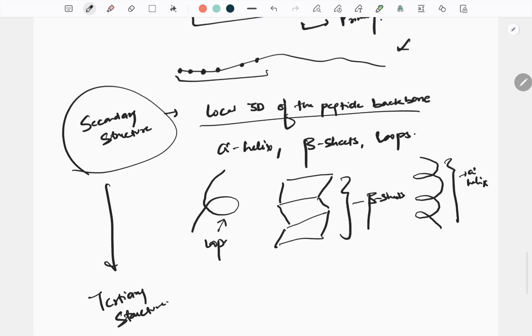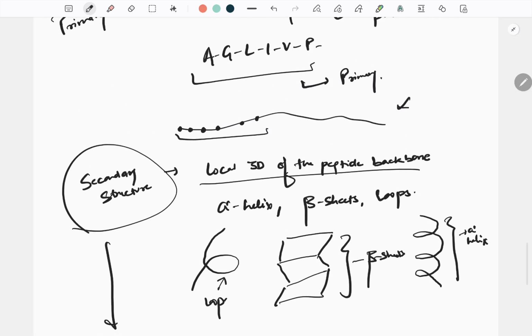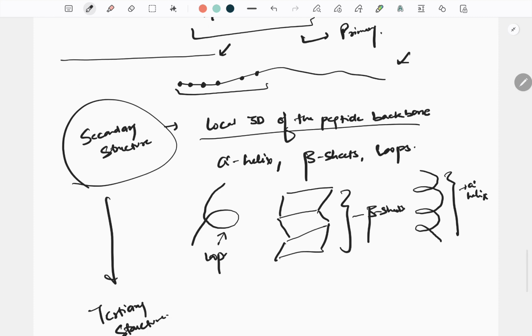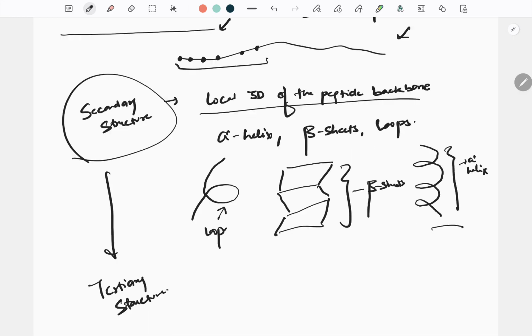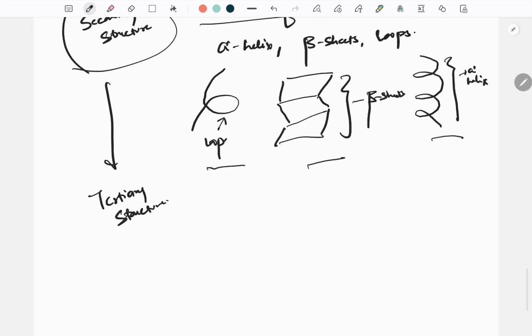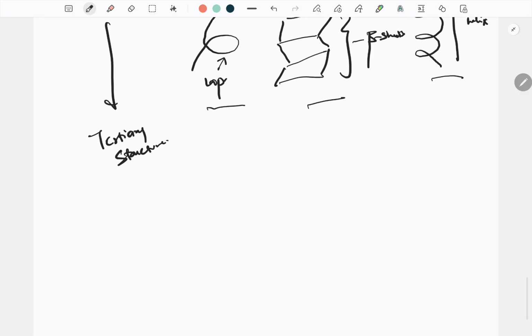So understand, in the primary structure there is a simple linear sequence. Okay, so they are in a linear form, right? Then there is a formation of some sort of local 3D structure. So what is happening in local 3D? Either they are forming this helix or the beta sheets or the loops. Okay, due to which there is a global arrangement.